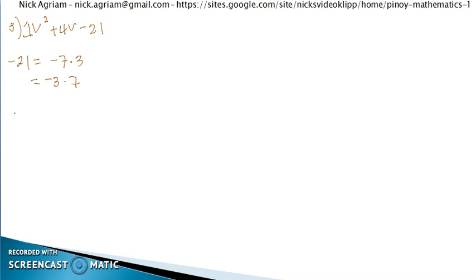If I add negative 7 and 3, I will get negative 4. And if I add negative 3 and 7, then I have 4, which is the numerical coefficient of the second term. That is my goal.